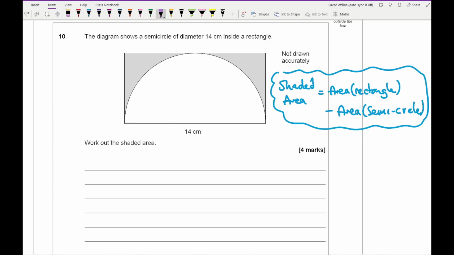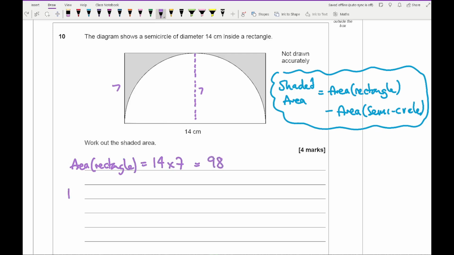Now, as the base of the semicircle is 14, this length here, which is also the height of the rectangle, is going to be 7. So here I can then work out the area of the rectangle, which is going to be 14 times 7, which, if I just type that into my calculator, gives me 98.